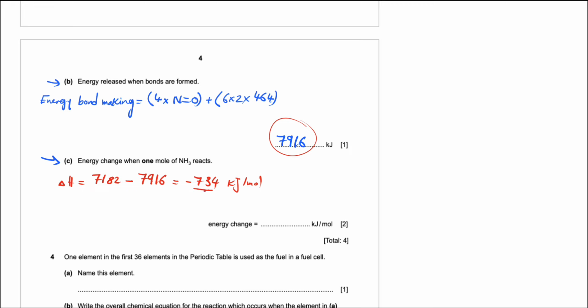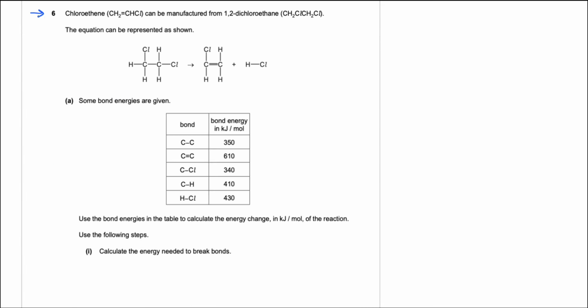It means you have to divide this overall energy change by 4 because you need it for 1 mole. So here is the twist in that question. He's just asking for a specific amount of the reactants. So the final answer is going to be minus 183.5 kilojoules per mole.